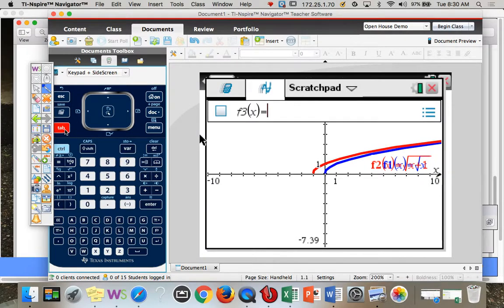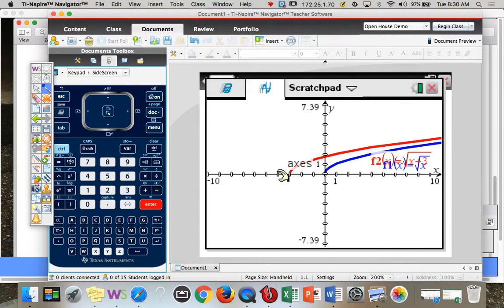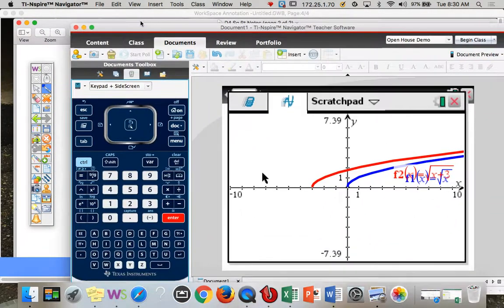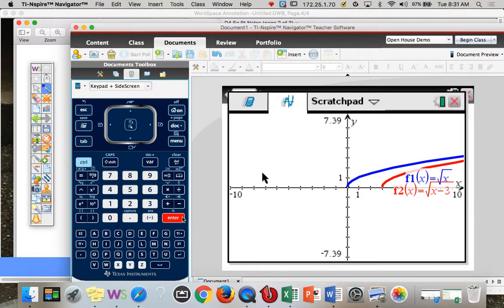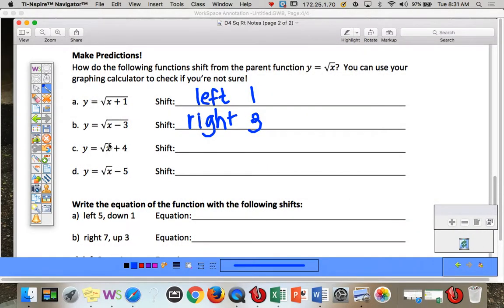Again, I'll go to tab and just edit my old equation, and let's do x plus 3. And it should have been -3, right? -3, so let's fix that. And we can see that it does shift right 3. How about this? The square root of x, the +4 is on the outside. I'm going to guess that shifts up 4.